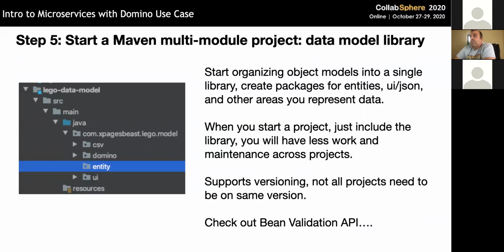And when you start creating your model, start creating packages. So for the CSV files that I'm importing, I have a CSV. It has a model. It's comma delimited. So I have Java objects to model those things. And then I have mappers to map those CSV files to whatever my application needs, right?